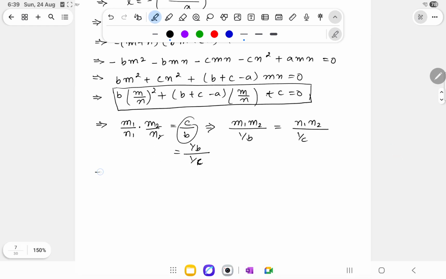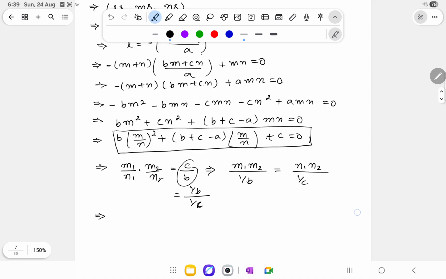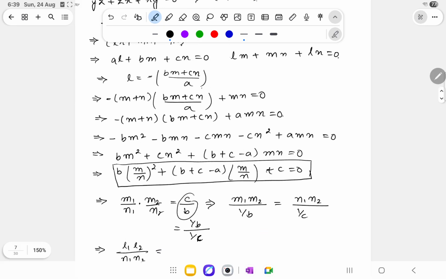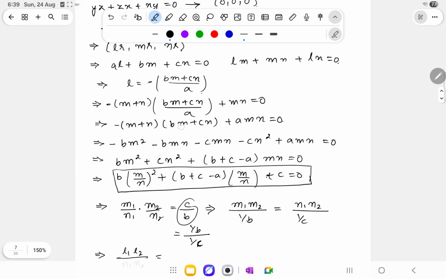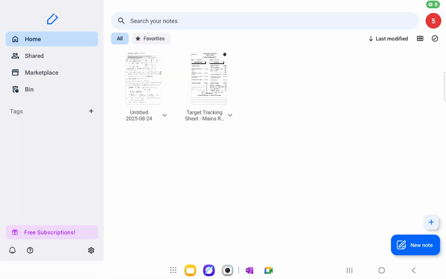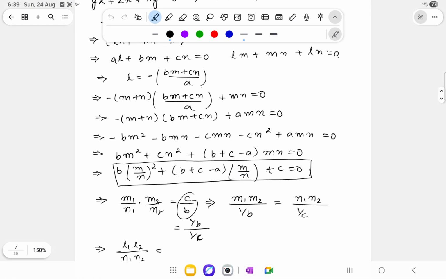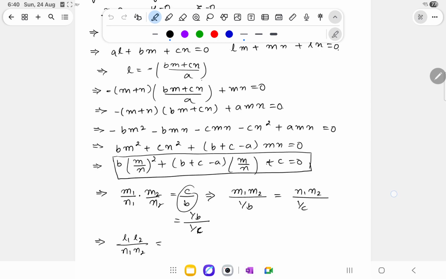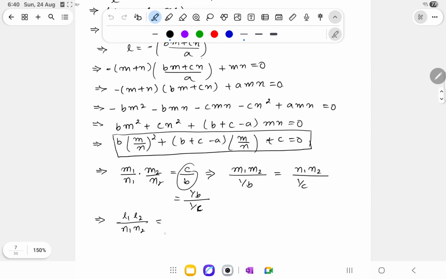So likewise, I can also get for l1 l2 and n1 n2, if I substitute this equation of m in the previous equation, I'll get l1 l2 by n1 n2 as c upon a.